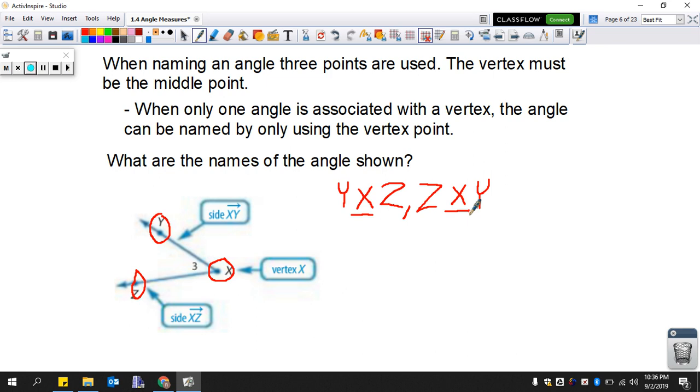Also, because this is the only angle that's associated with that vertex X, this could also be labeled as angle X. And this little symbol right here, that's the symbol for angle. And we also have this number here, so that could also be labeled as angle 3.